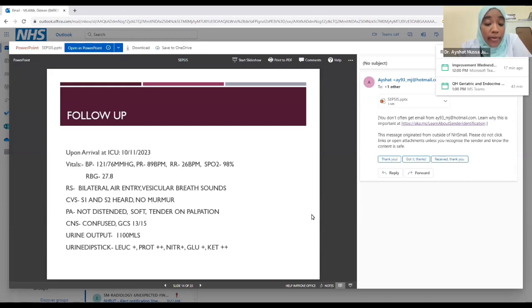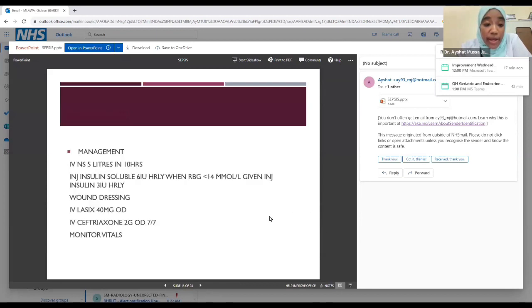Per abdomen, he was tender on palpation, mostly on the lower abdomen. Central nervous system, the patient was confused with a Glasgow Coma Scale of 13 and urine output of 1,100 mls. The urine dipstick at ICU showed ketones plus, glucose and nitrites, as well as protein and leukocytes.